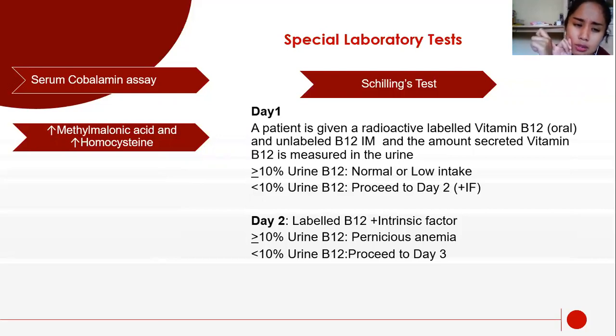Hyperhomocysteinemia is actually bad for us, so expect mataas siya. And class, we have Schilling's test. Dapat pag nabasa nyo ang Schilling's test sa quiz or sa board exam, dapat yung isip nyo megaloblastic anemia, pernicious, vitamin B12.